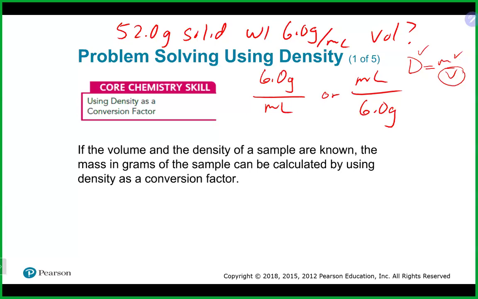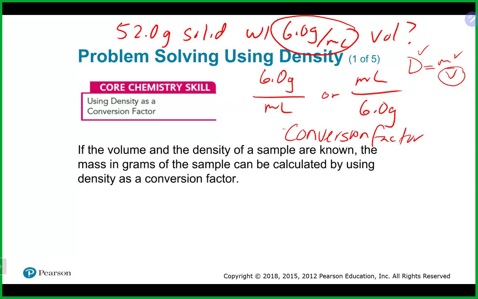So the good approach you could do here is actually just take a dimensional analysis approach. And that is, you could use this density value as a conversion factor, like I have written here. So I'm not even going to worry about the equation. I'm not even going to worry about, should I be dividing, should I be multiplying.